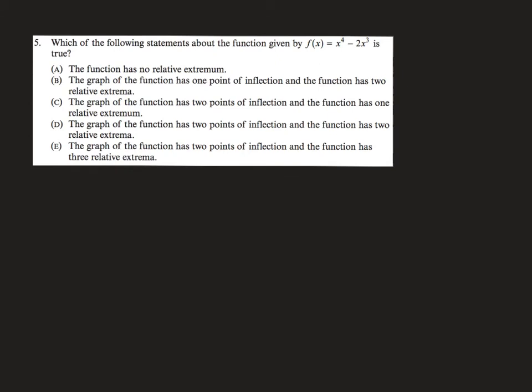Okay, which of the following statements about the function x to the fourth minus 2x cubed is true? And then you see we've got these 4 choices here. It's basically about extrema and inflection points. So what I'm going to do is a little background work right now, and I'm going to get the first and second derivative. So f prime of x is going to be 4x cubed minus 6x squared.